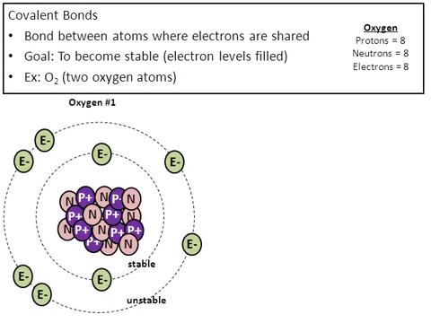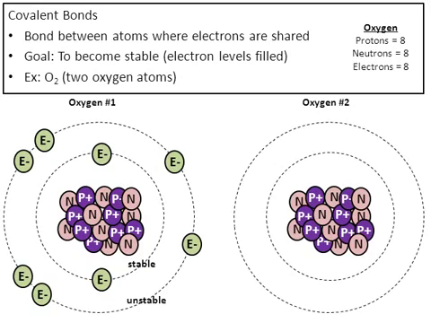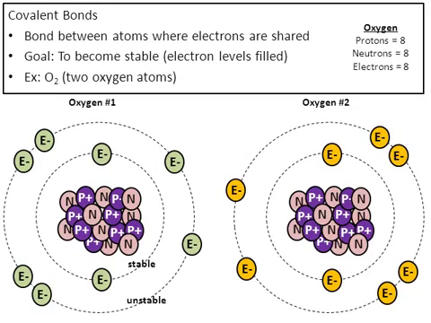Well, the oxygen that we breathe is actually made from 2 atoms, so we have to draw a second oxygen atom. Like the first, it has 8 protons and 8 neutrons in the nucleus, it will have a couple levels for the electrons, and it's got 8 total electrons. So just like before, I'll put 2 electrons in level number 1, and I'll put the remaining 6 electrons in level number 2.